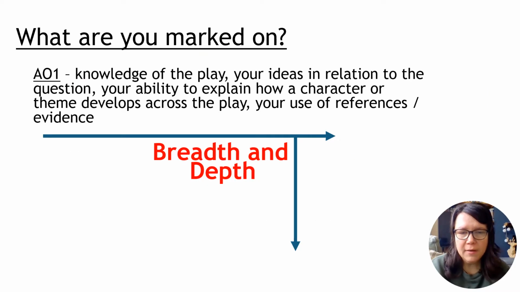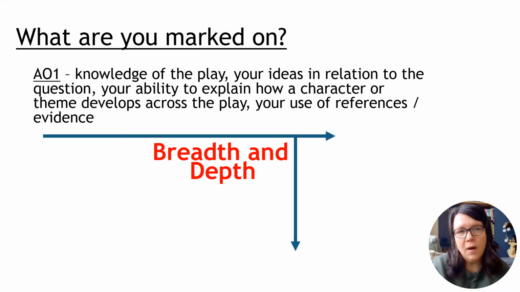So the way that you're marked for this, you are marked on the assessment objectives AO1 and AO2. AO1 and AO2 are the same for all of the literature texts, so it's really good to get a bit of an understanding about what they mean. AO1 is your knowledge of the breadth of the play, all of the key moments, that ability to talk through the play chronologically.